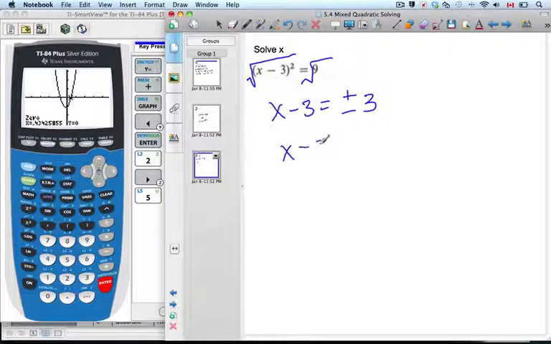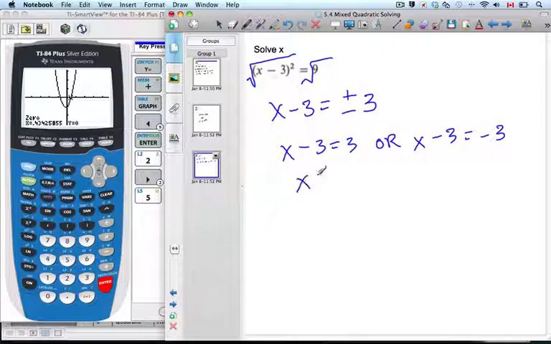And we have to remember the plus or minus. So x minus 3 equals positive 3 or x minus 3 equals negative 3. This gets us x equals 6 or x equals 0. That's the same answer as what we had before.